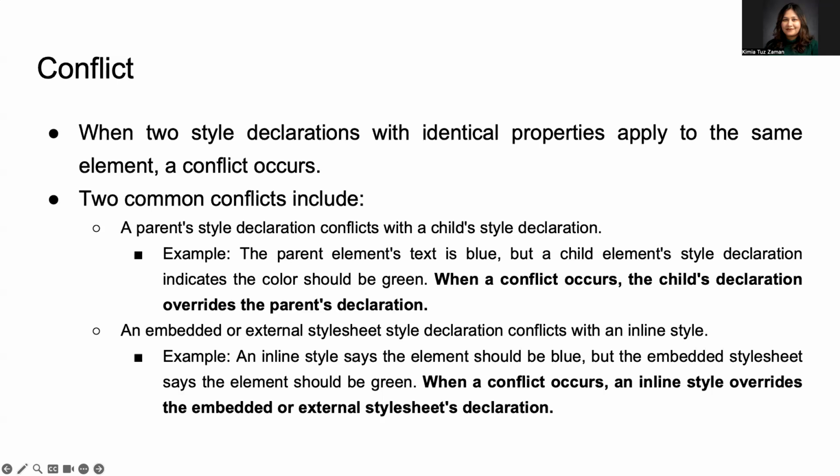For example, if the parent element's text is blue, but the child element is set to green, the child's declaration will override the parent's. Another common conflict happens between style sheet rules and inline styles. If an embedded or external style sheet sets the text to green, but the element itself has an inline style set to blue, the inline style will take priority and the text will appear blue.